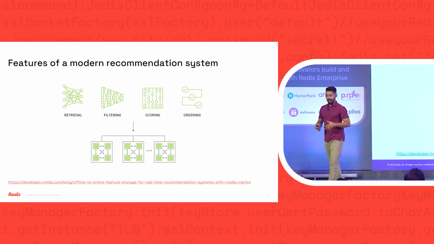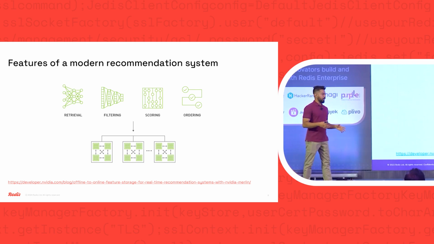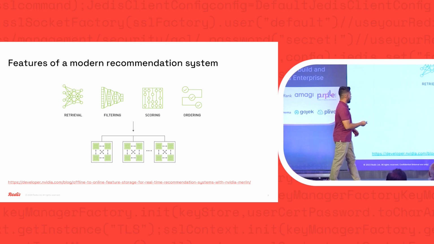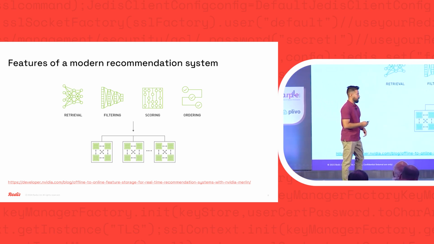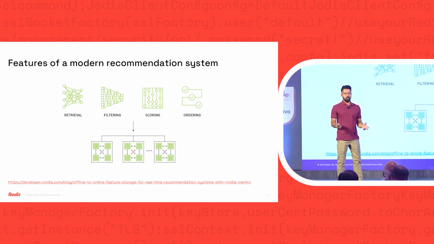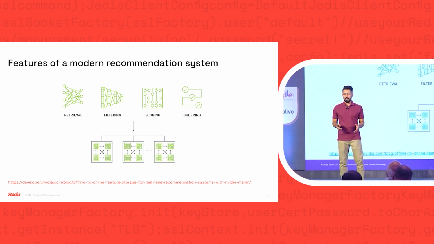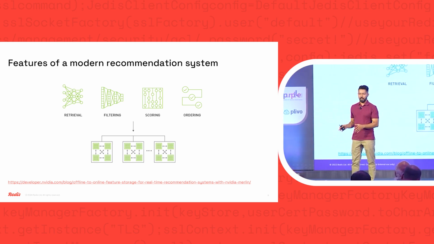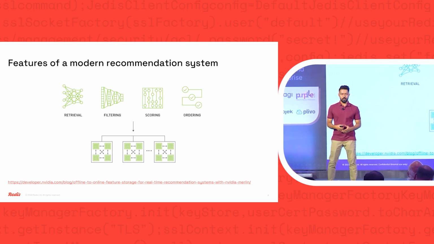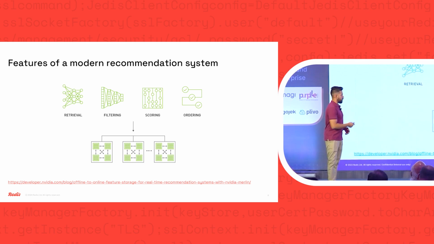Now, where Redis really fits in this entire scenario is the first 2 steps, that is retrieval and filtering. Although you can do ranking in Redis, usually that is done again by some AI models to fit your use case. So the first 2 steps is where Redis really fits in, as a vector database fits in, actually.